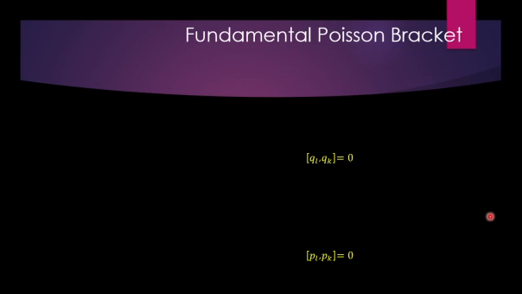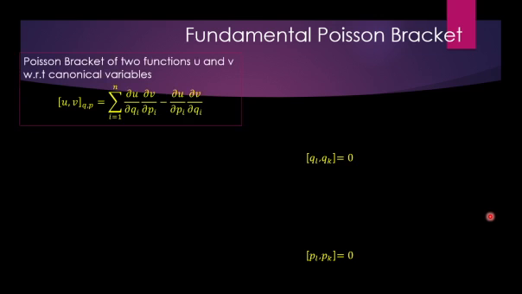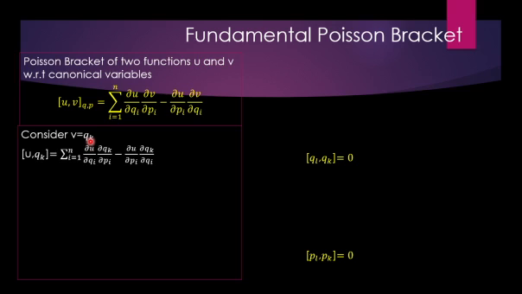Now another important topic we are going to study is the fundamental Poisson bracket. If you consider the definition of Poisson bracket and substitute qk for v, then instead of v I can write dou qk by dou pi minus dou u by dou pi into dou qk by dou qi.